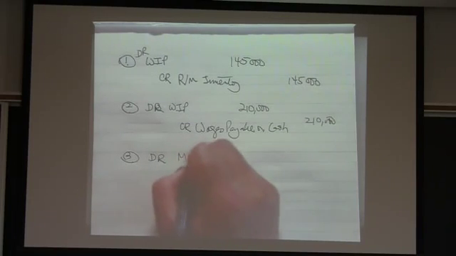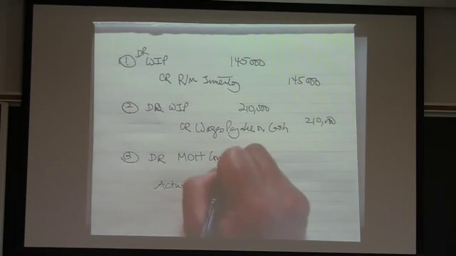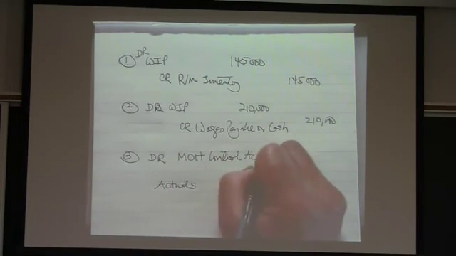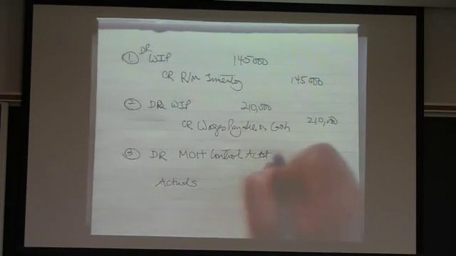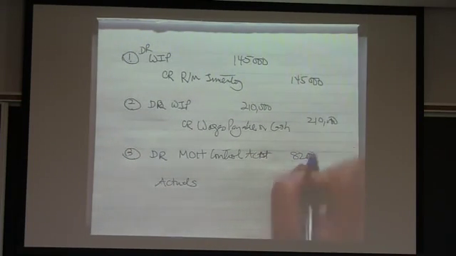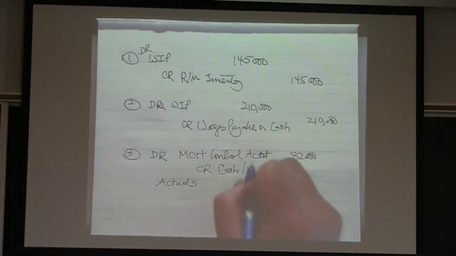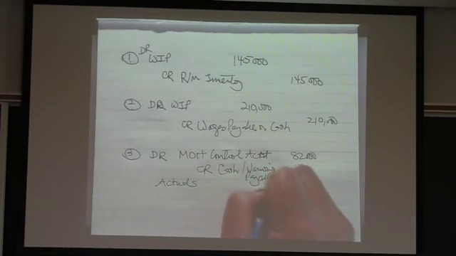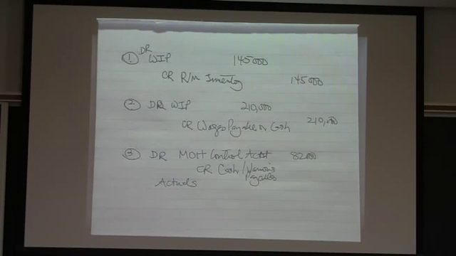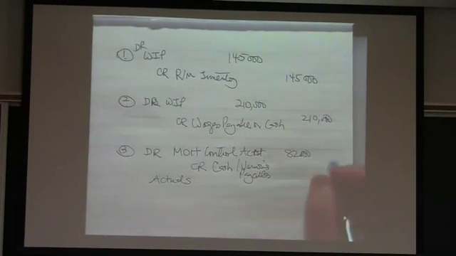Debit MOH control account, $82,000, and we're going to credit either cash or various payables, or let's say accumulated amortization, for example, because the depreciation of that manufacturing facility would be debited to MOH.